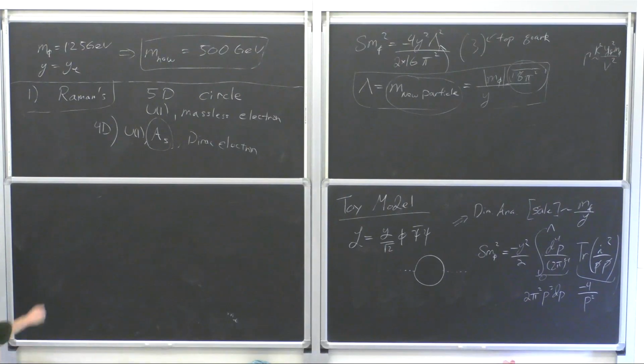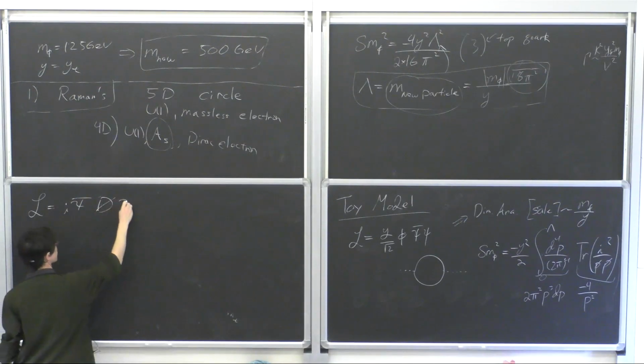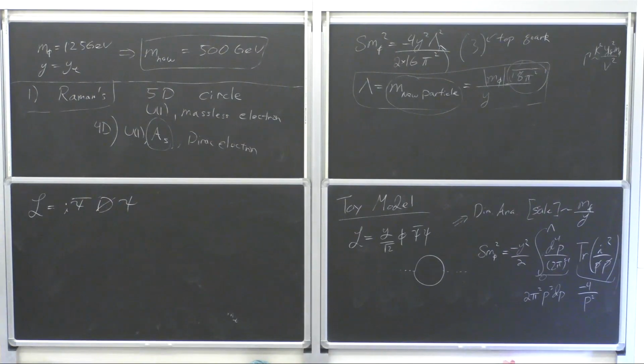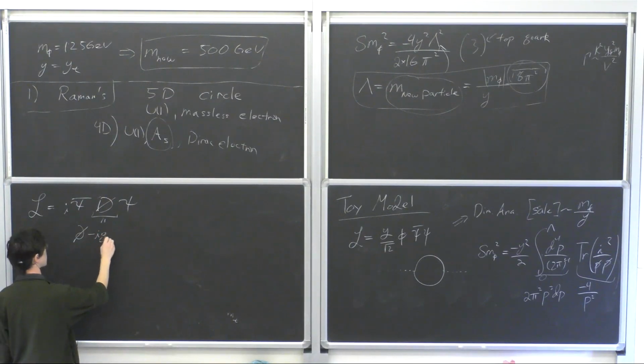Okay, so the Lagrangian is i psi bar D slash psi. D slash has, well, a partial slash. There's probably an i in the gauge coupling. Maybe it's a plus, I don't know.